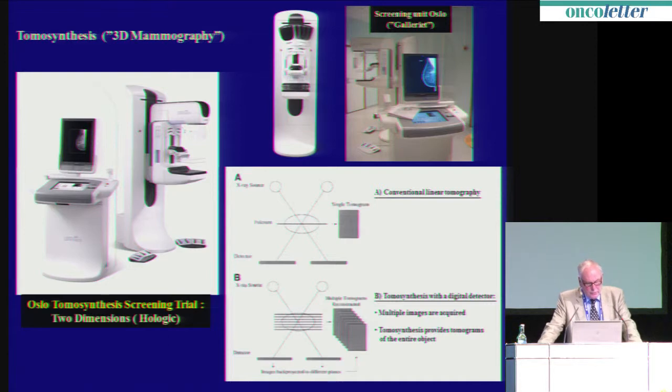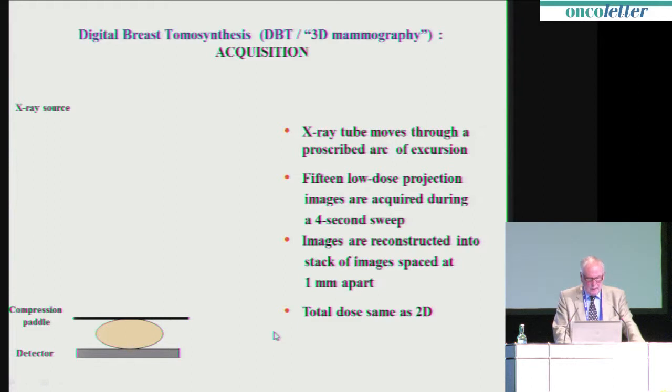What is tomosynthesis? Many of you, maybe the older ones, think tomosynthesis, the name sounds like the good old conventional tomography that some of you used in urography years ago. You know, the conventional tomography, a movement of the X-ray, we get slices through the breast. How does it work?